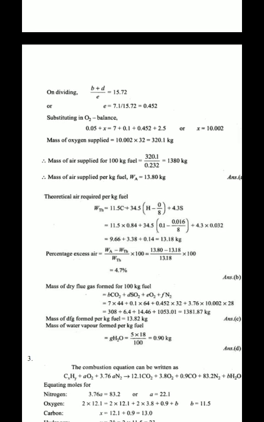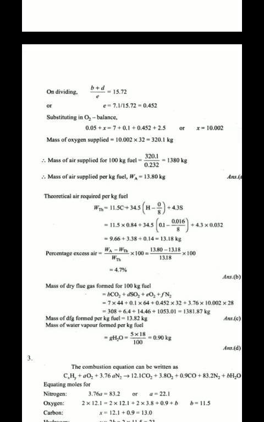E into O2, and F into N2, which is 28, where F comes as 3.76 into 10.002. Finally, the mass of flue gas formed for 100 kg comes as 1381.87 kg. So per kg of fuel, it will be 13.82 kg.